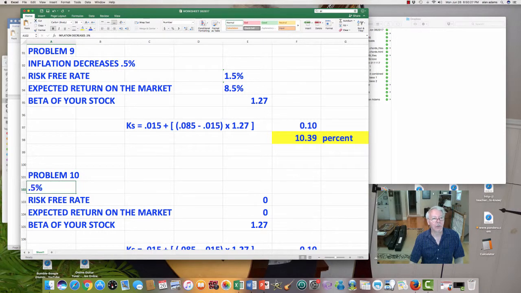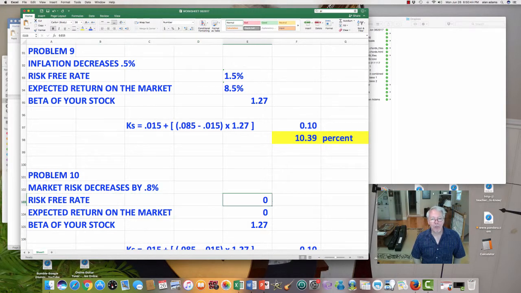So market risk decreases by 0.8%. All right, what changes?